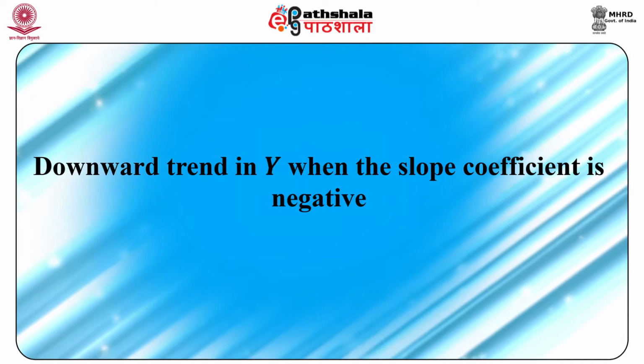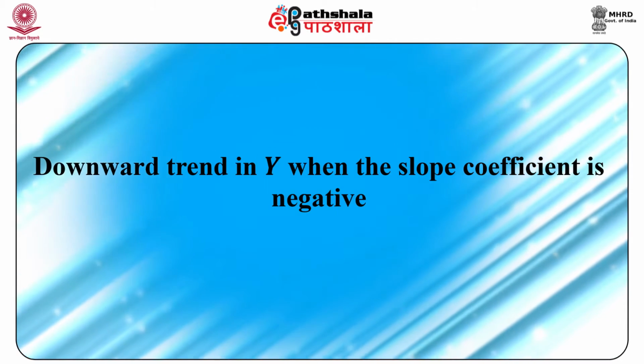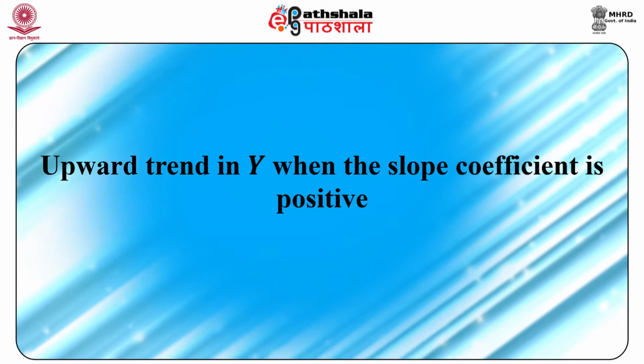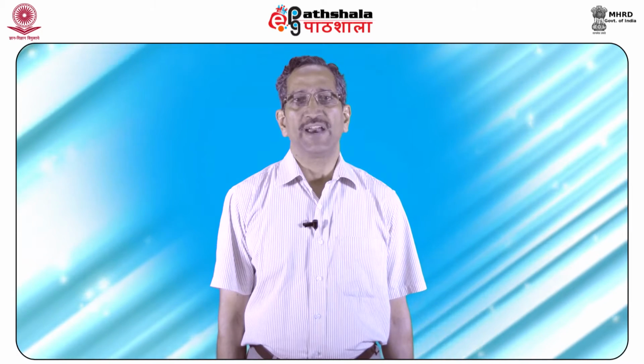We have a downward trend in y when the slope coefficient is negative and an upward trend in y when the slope coefficient is positive. The choice between the growth rate model and the linear trend model will depend on whether we are interested in the relative or absolute change in the variable of our interest, which is y.